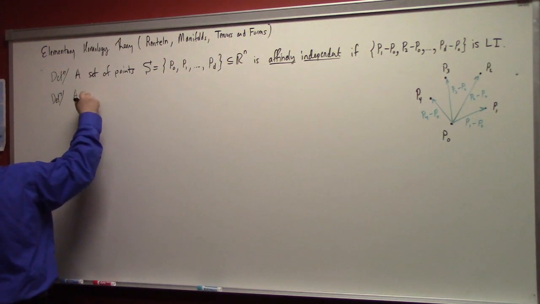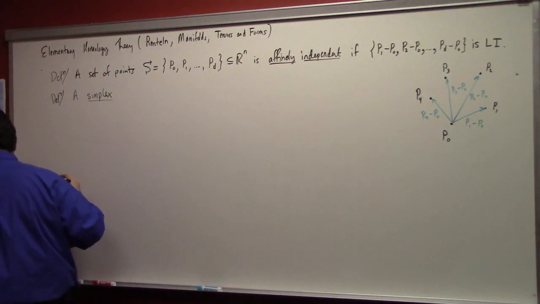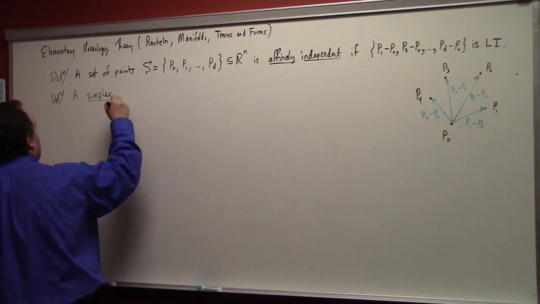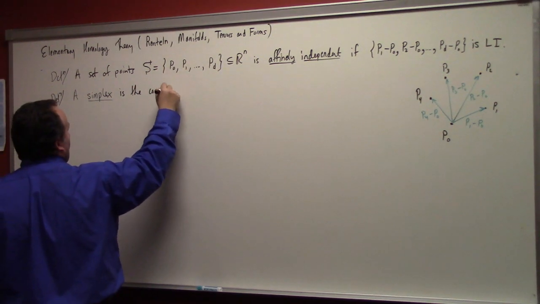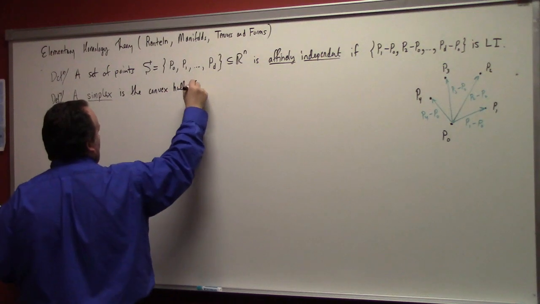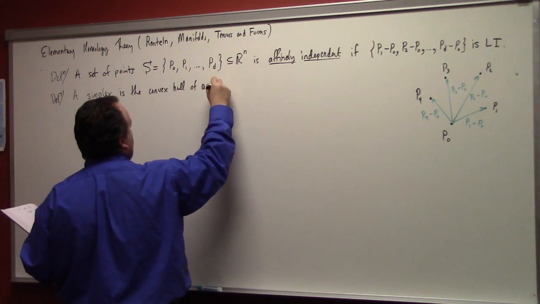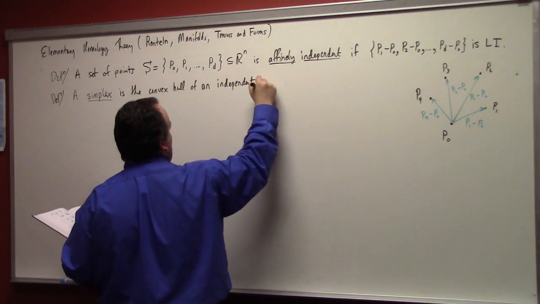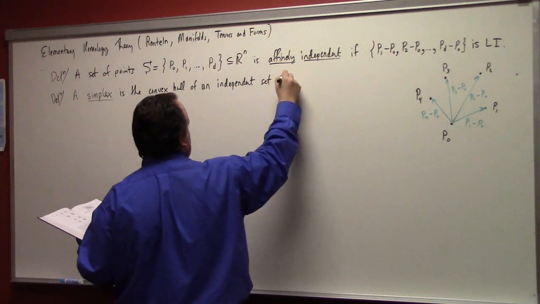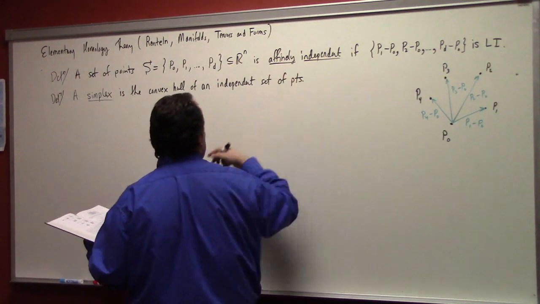Next up, definition. A simplex is the convex hull of an independent set of points. By the way, we will start omitting the affinely.